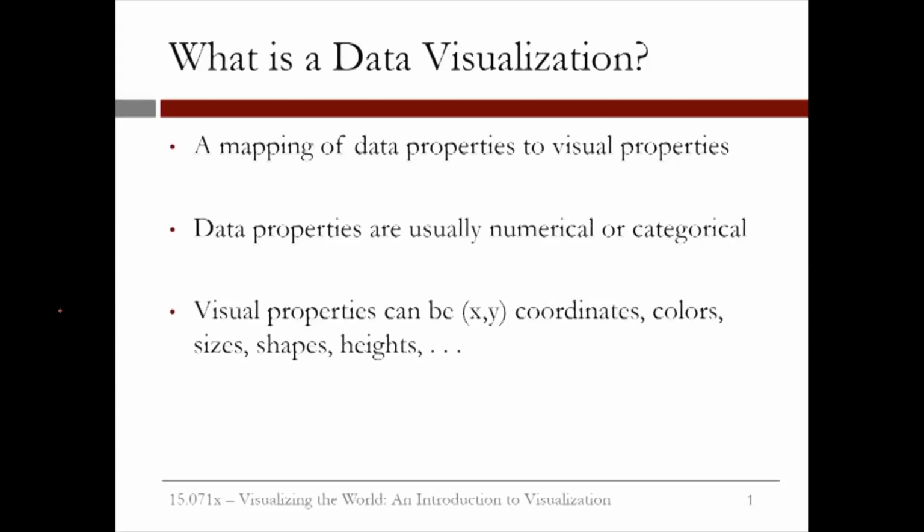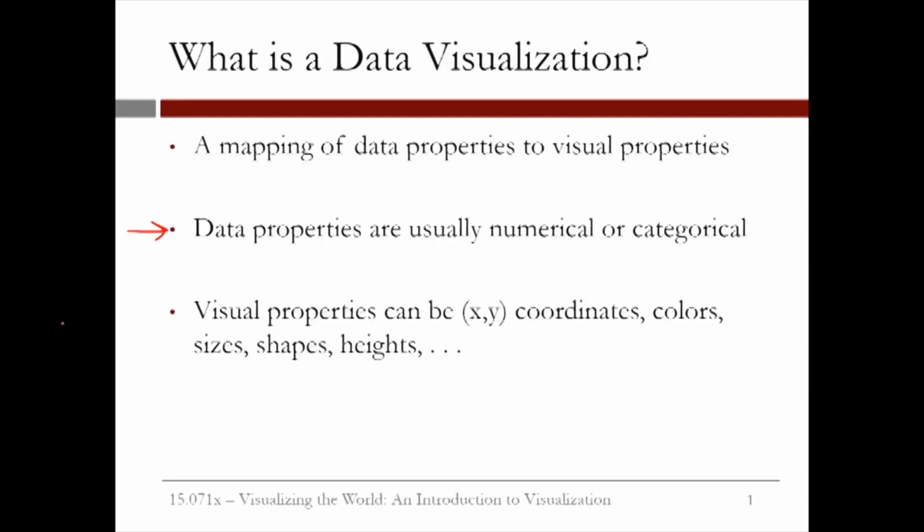In this video, we'll discuss the meaning of data visualization and why it's often useful to visualize your data to discover hidden trends and properties. Data visualization is defined as a mapping of data properties to visual properties.